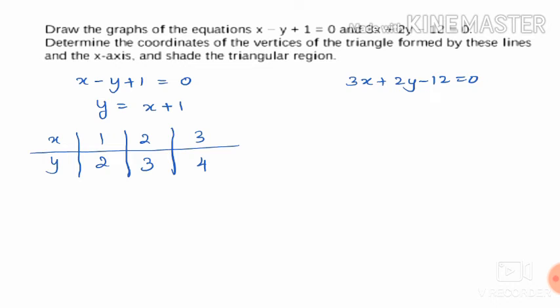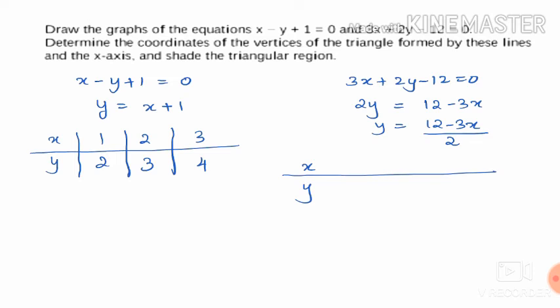Rearrange the second equation. We get 2y equal to 12 minus 3x. Therefore, y is equal to 12 minus 3x upon 2. Draw the table to find out the points. If we take x as 0, then the numerator becomes 12, so y is 6.